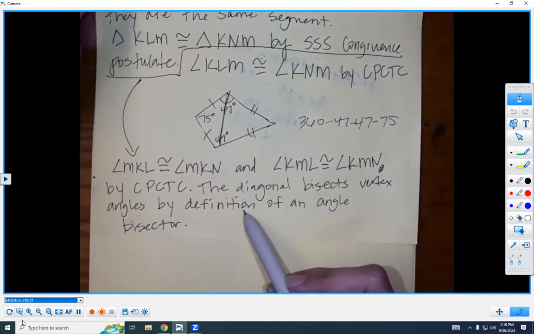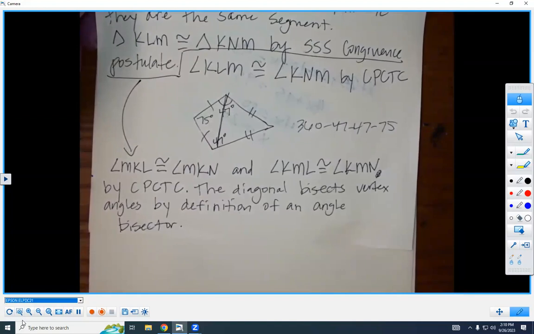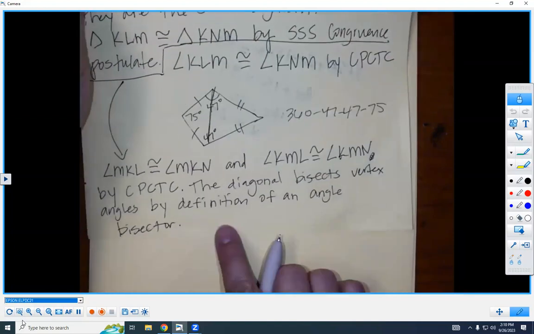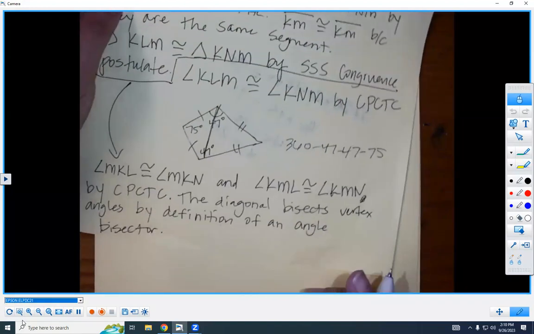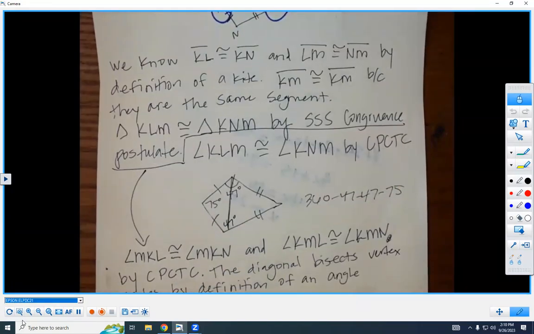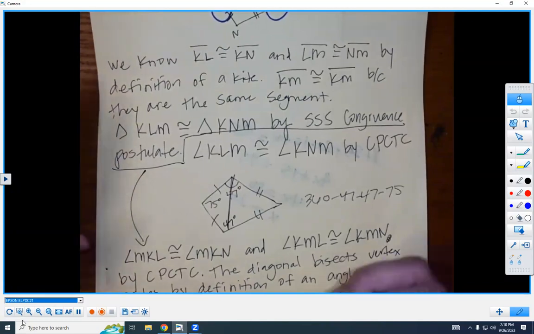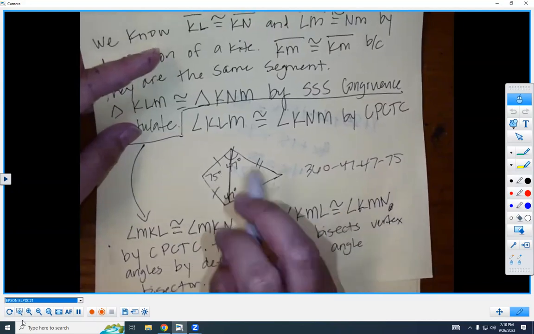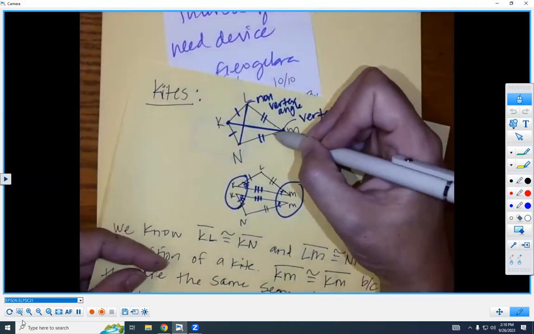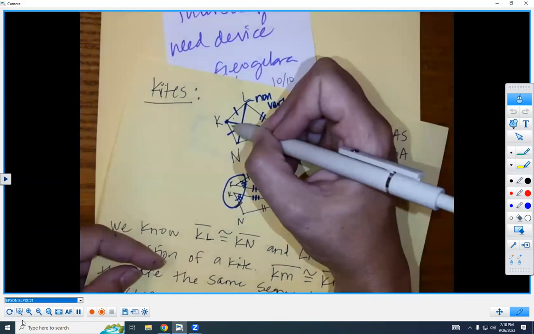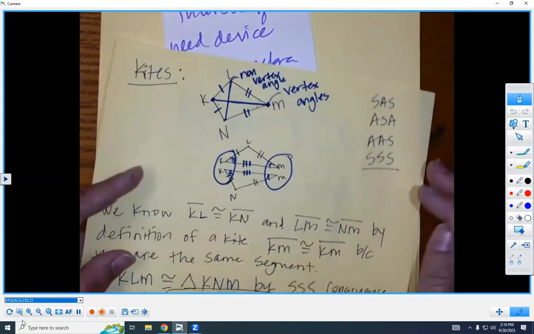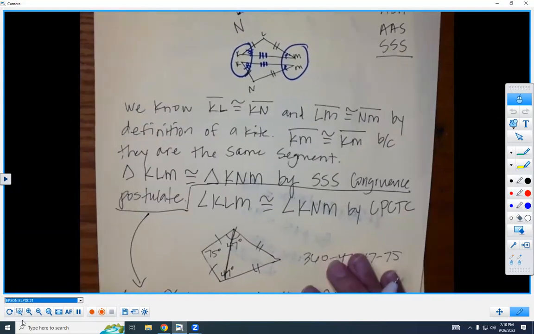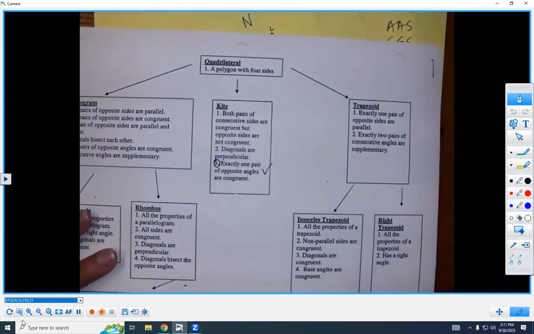And then did we go into diagonals bisect each other? No. Is this the last thing we wrote? Oh, good. I didn't lose paper then. We're good. So we talked about how the diagonal bisects the angle. This angle is congruent to this angle, and this angle is congruent to this angle. So the next thing we can talk about, which you can look at on your paper.